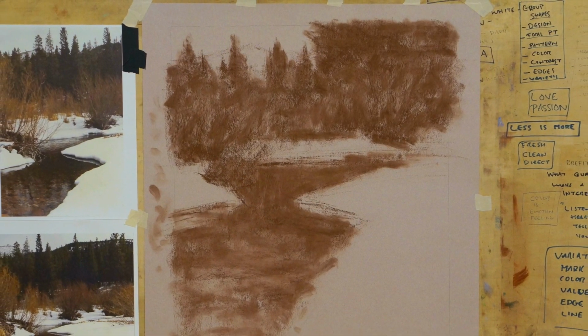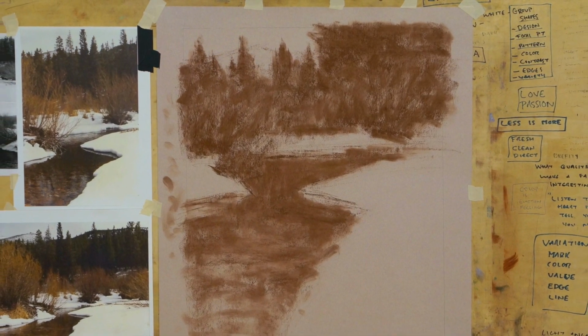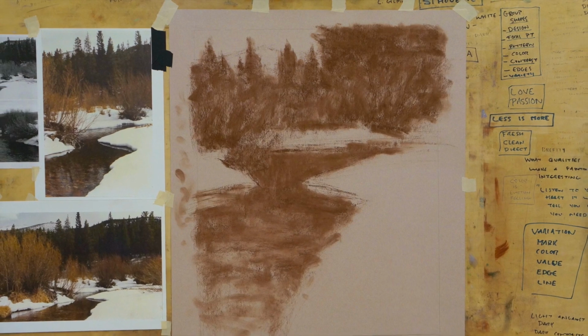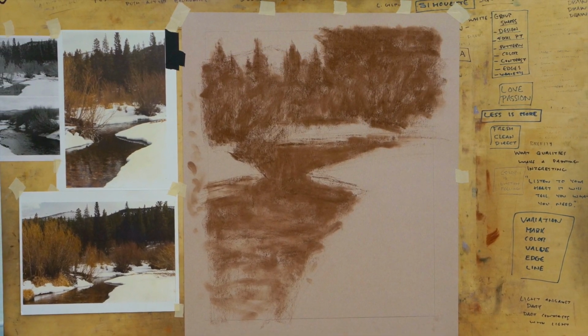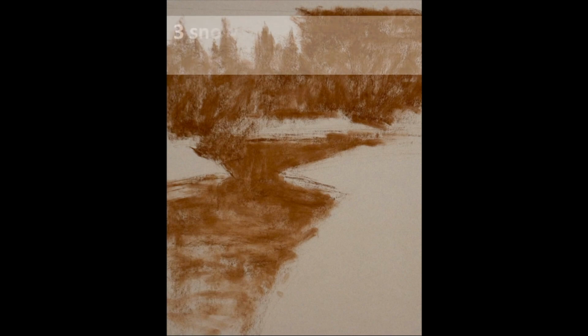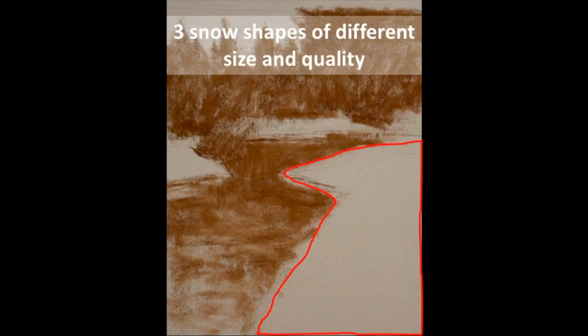I often do this in my workshops. I'll tell people to think about 3 simple shapes: a big shape, a middle-sized shape, and a small shape. And so you see it here. This white area is a big white shape. This is more mid-size or smaller, and this is even smaller. So there's 3 unique shapes there.